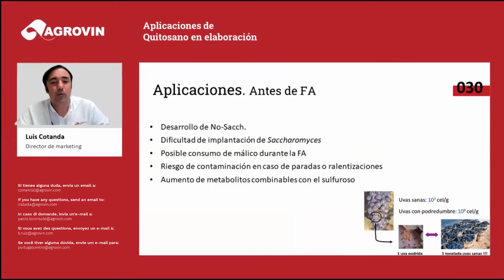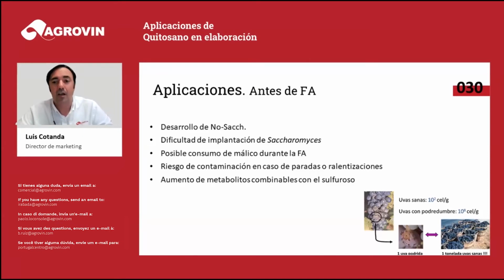In the first phases, the must conditions are rather favorable for the growth of many microorganisms, such as the non-Saccharomyces yeasts that can reduce essential nutrients or some growth factors that are essential for the yeast, and therefore we can create difficulties for the development and growth of Saccharomyces. And therefore when we sow Saccharomyces, the medium can be poor in some oligo elements, and therefore we can put some difficulties to its development.